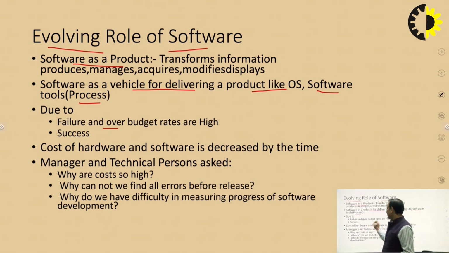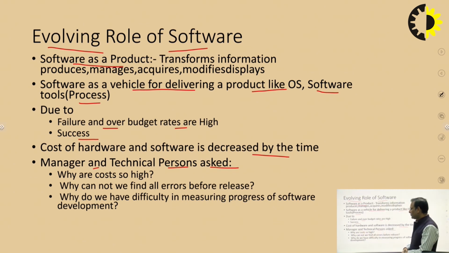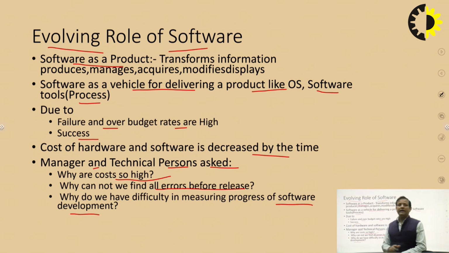Failure and over-budget rates are high, and the cost of hardware and software decreases with time. Generally, managers and technical persons ask: why are costs so high? Why can we not find all the errors before release? Why do we have difficulty in measuring progress of software development?